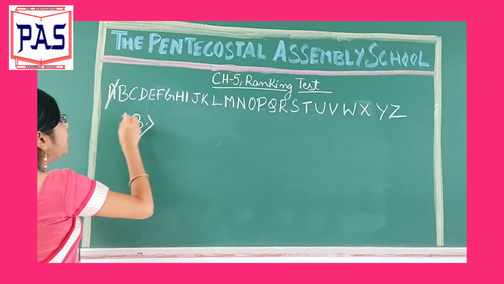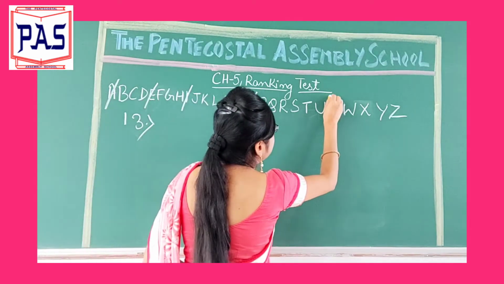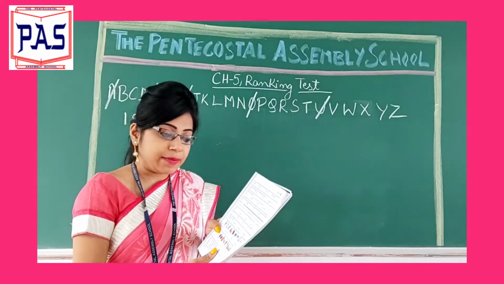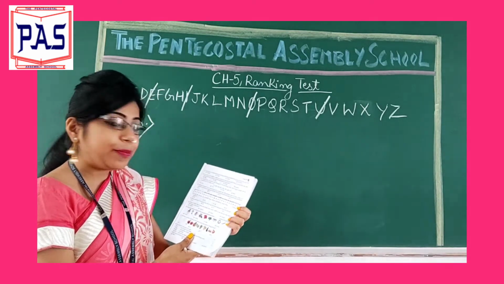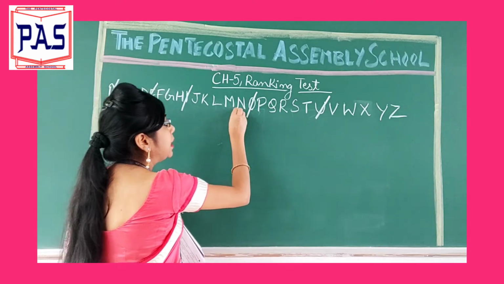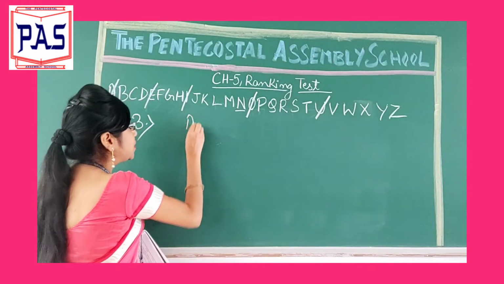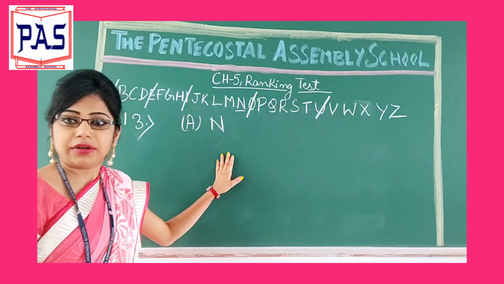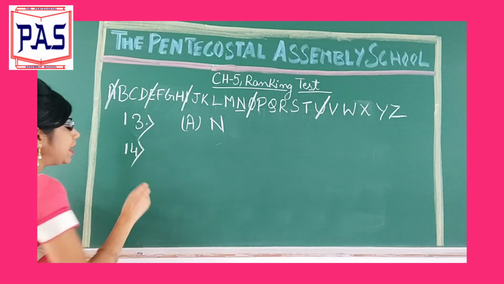So just remove A, E, I, O and U. Then which alphabet will come just before P? So before P, O is removed. So N will come just before P. So your answer will be option A, N.